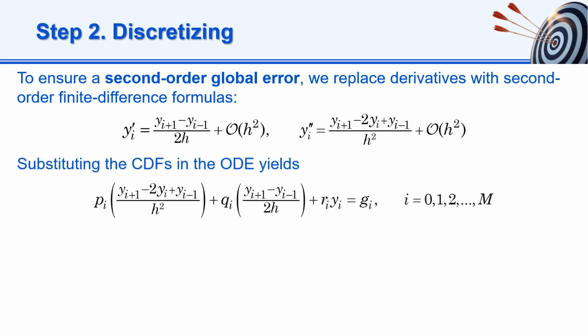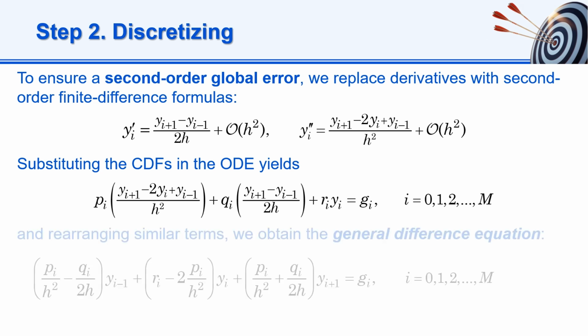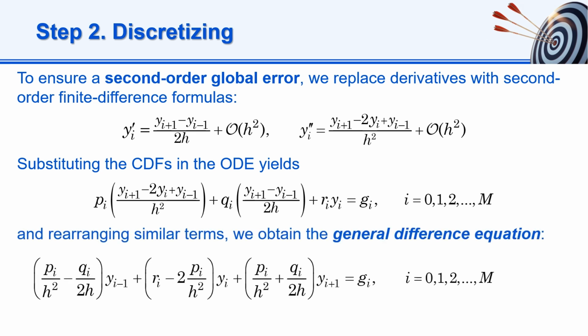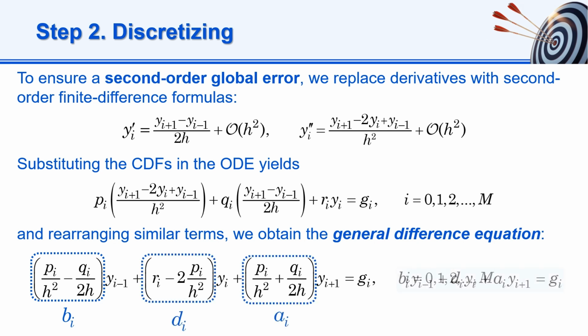Substituting the central difference formulas in the ordinary differential equation yields the following, and rearranging and collecting similar terms, we obtain the general difference equation. We define b_i, d_i, a_i, and g_i to express this in a much more simplified form.